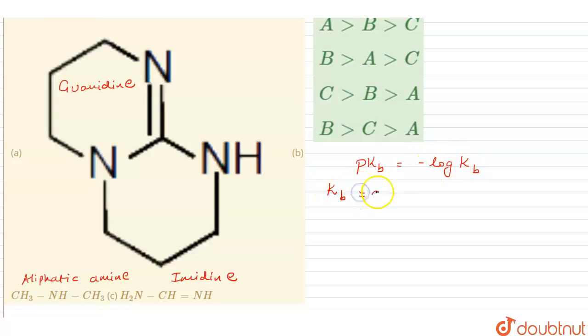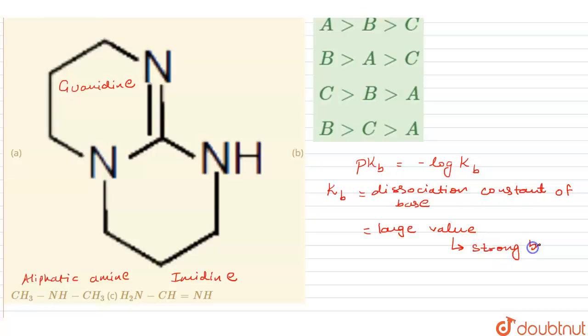Kb means the dissociation constant of a base. So that itself means that if it has a very large value, it means a very good dissociation, indicating a strong base.